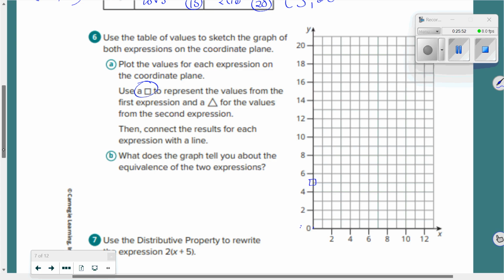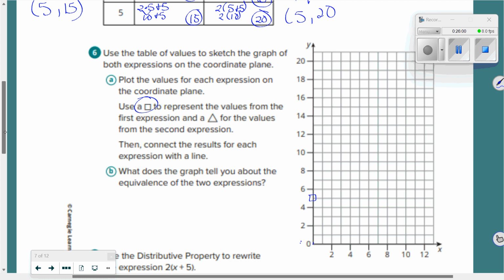My second one for the first expression is 2 what? 2, 9. So 2 up to 9, put a square. My third one, 4, 13. All right. And the last one, 5, 15.